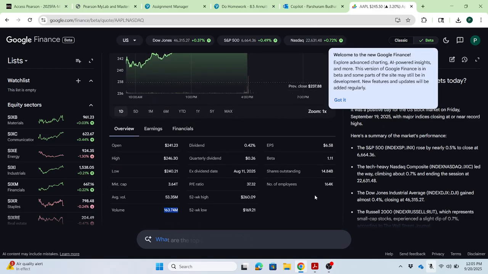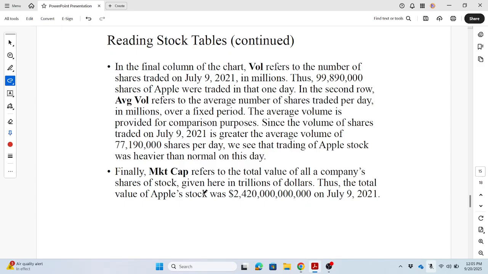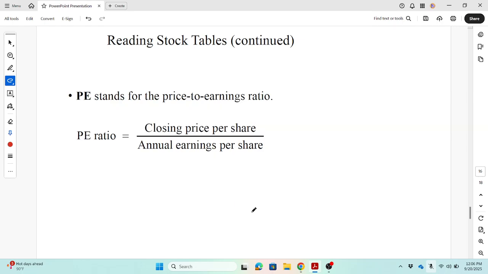That's the volume. Okay, we already know the market cap. If you multiply all the available stock times the stock price, that gives you the market cap. It's the total value of the whole company. As I already mentioned, P/E ratio means closing price per share divided by annual earnings per share.